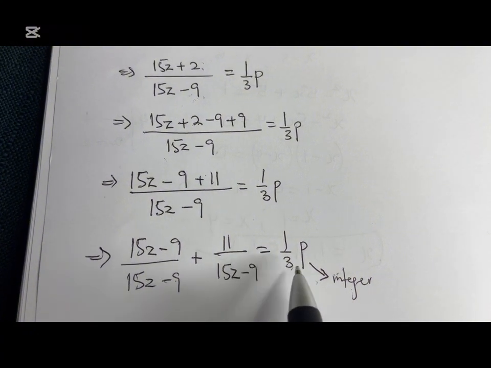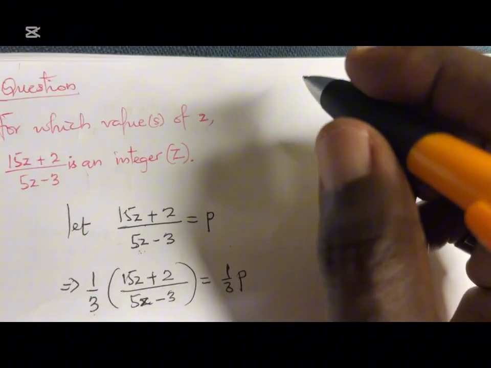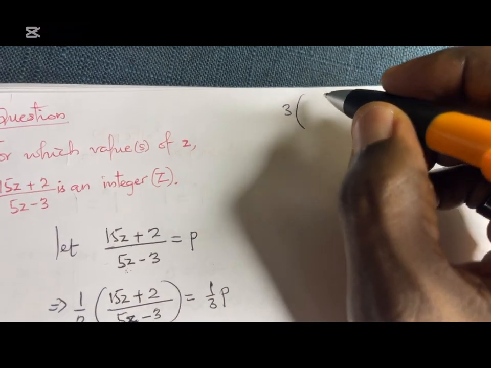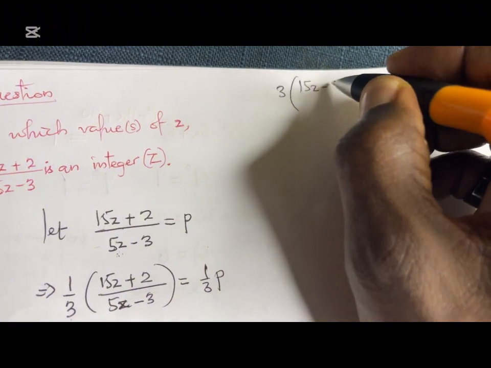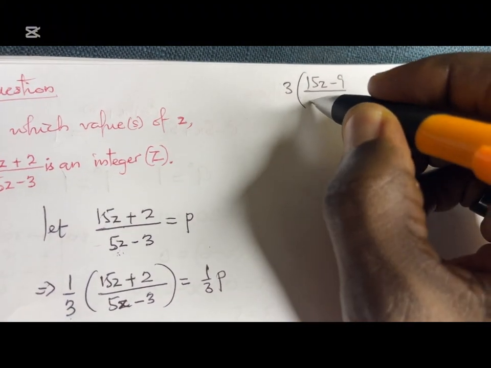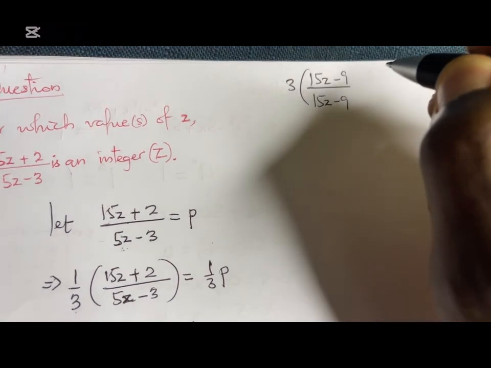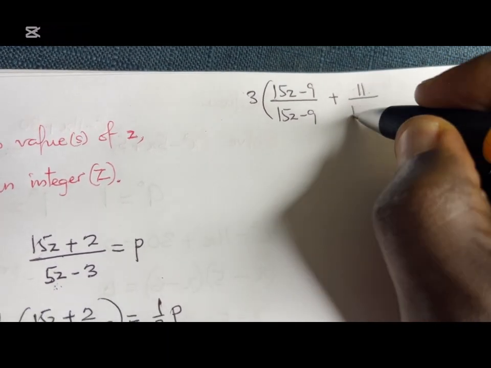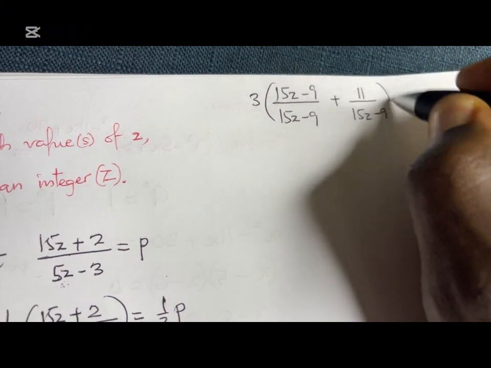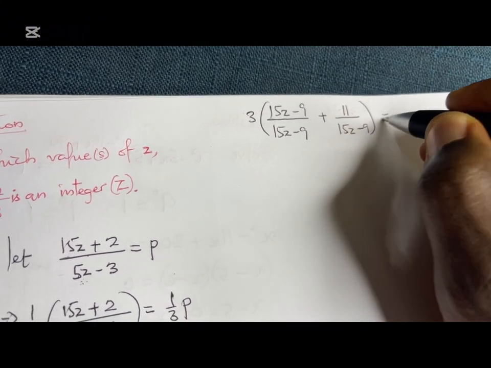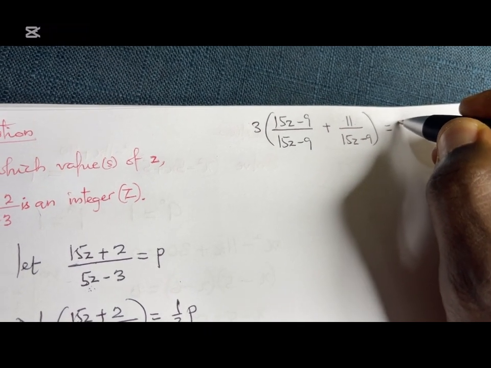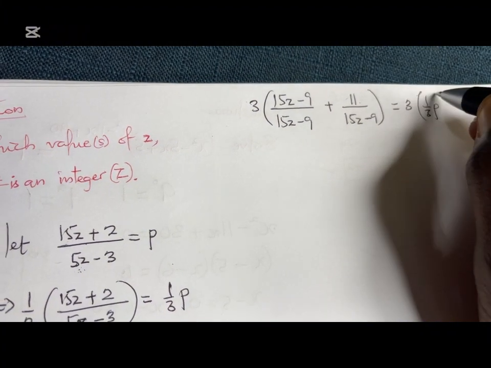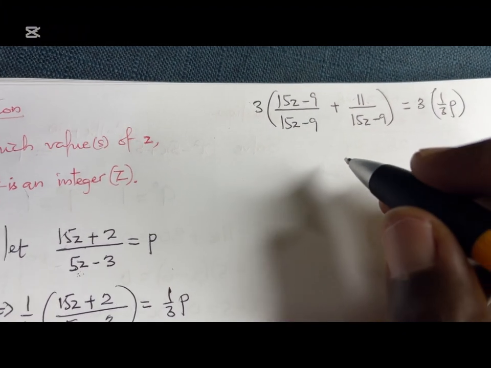So we have 3 times (15z minus 9 on 15z minus 9 plus 11 on 15z minus 9) equals 3 times 1/3 of p, so that it clears off.